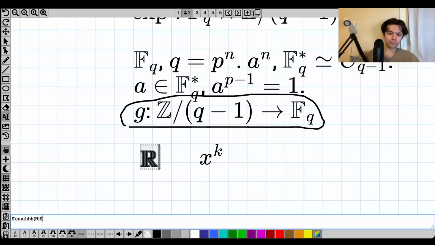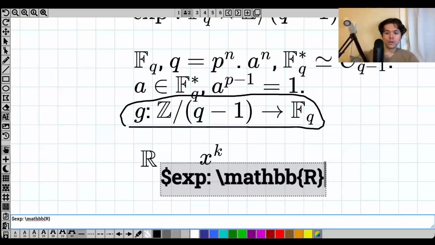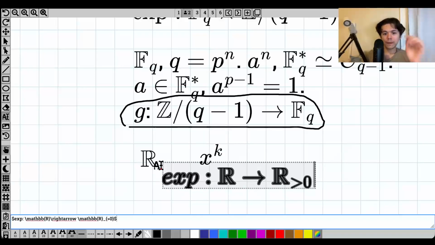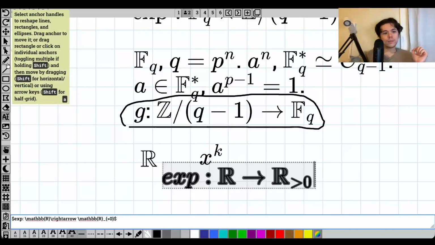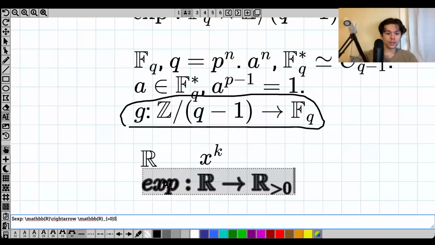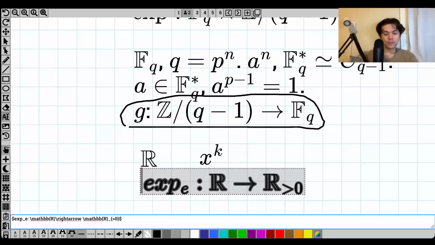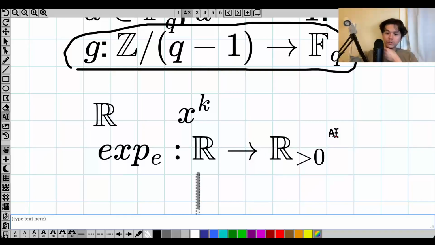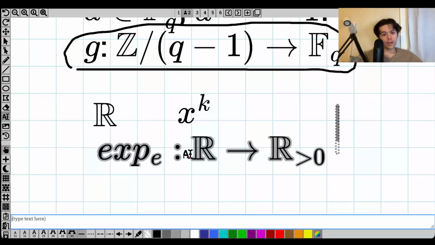You can take rational approximations to get an exp that is very nice, that goes from the real numbers to the positive real numbers, greater than 0. Your exponential doesn't need to be restricted to just integers. You choose some base, it's probably e, and you get this order-preserving isomorphism of abelian groups between these two, which is very nice.